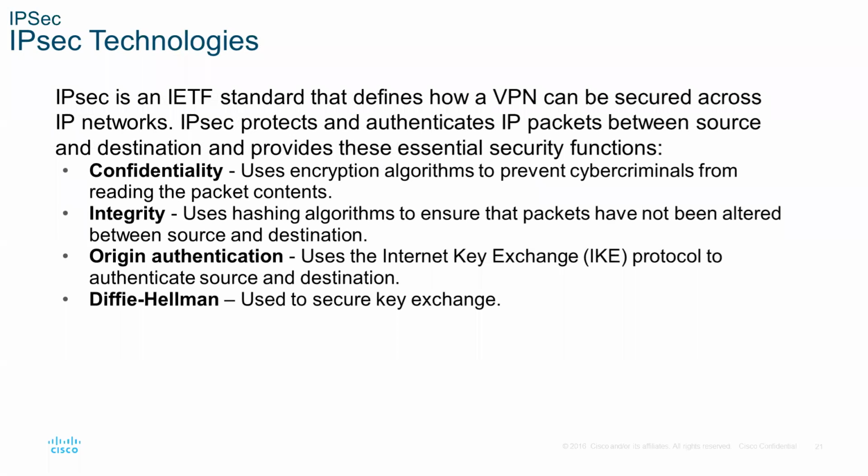So IPSec is an industry standard which defines how VPNs can secure IP networks. It provides confidentiality via the encryption. It provides integrity by hashing, so it ensures that nothing has been modified in transit.